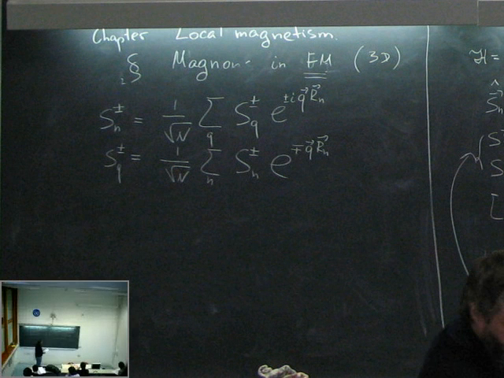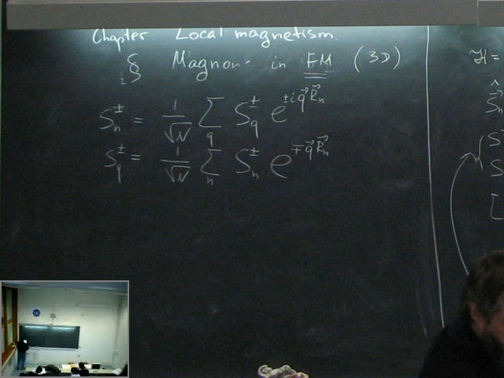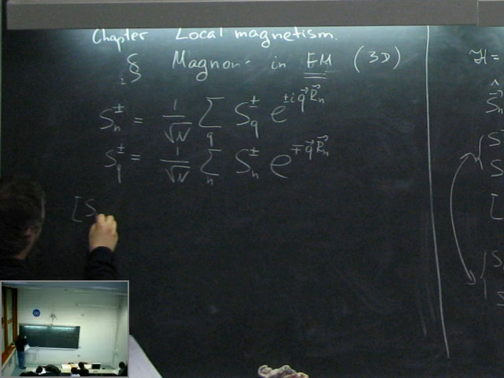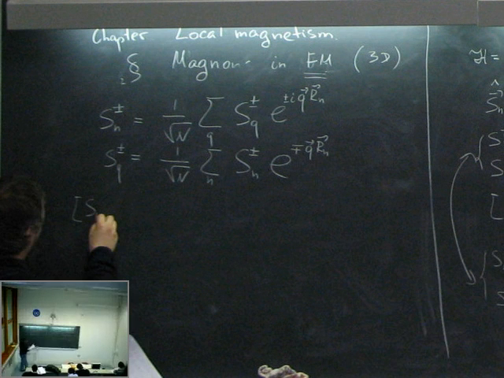Let me now apply this Fourier transform to the commutator and see what we shall have. I have a commutator S_n plus, S_n minus, equal to 2 times S_n^z.